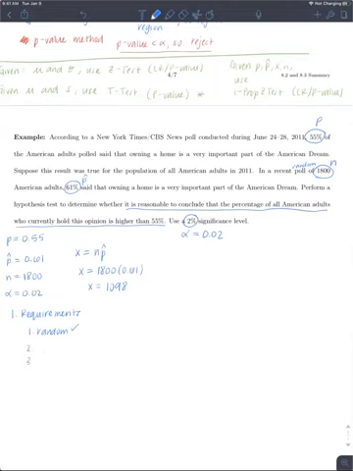Yeah, and so you can do it one of two ways. I prefer the X. So is X greater than 10? Yes. And then is N minus X greater than 10? And so here, N minus X is going to equal 1,800 minus 1,098, which is going to be like 700 something. And so, yes, it's greater than 10.